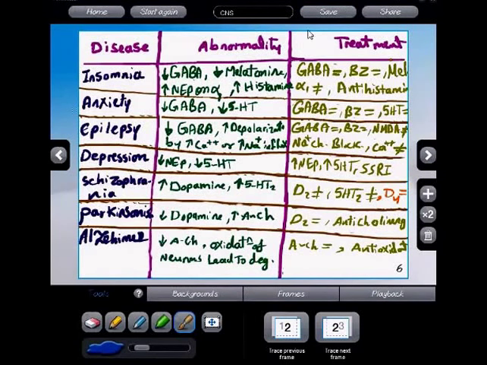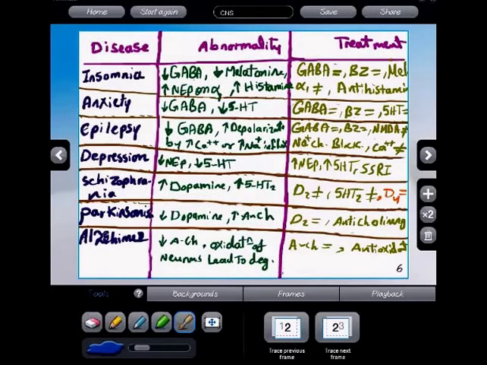Okay, guys, so insomnia, anxiety, epilepsy, depression, schizophrenia, Parkinson's, and Alzheimer. These are the major diseases of the central nervous system that I will talk about in detail in the next slides. But before we talk about them, this table is very, very important.